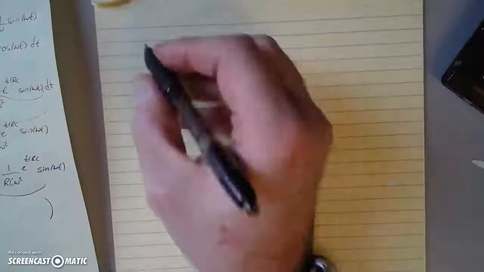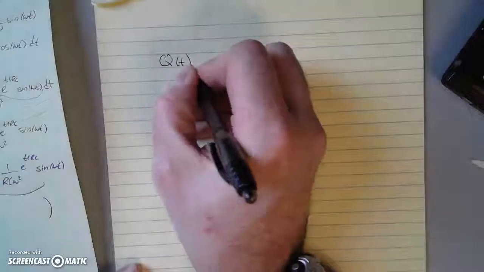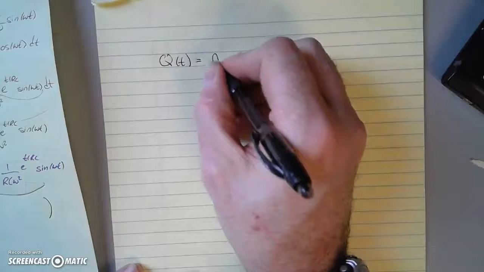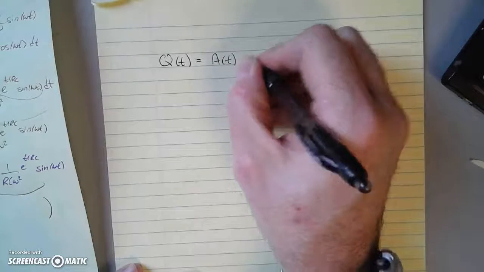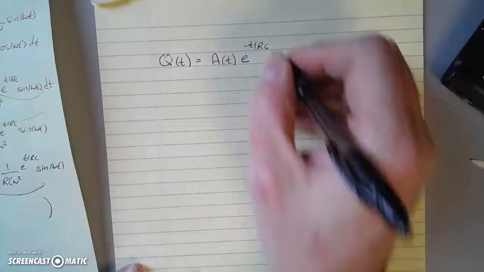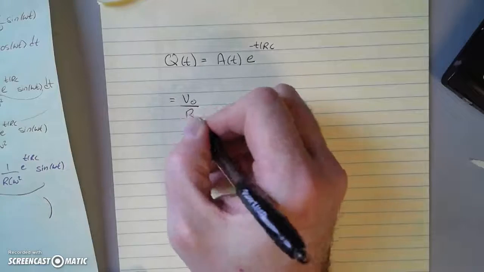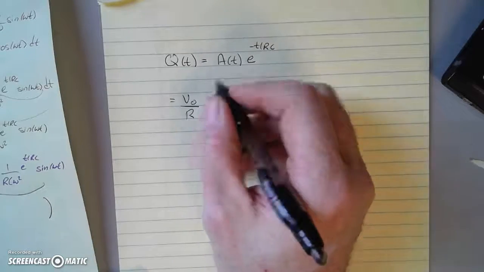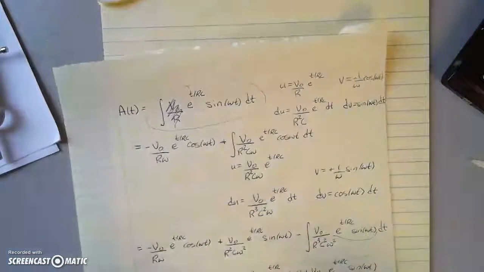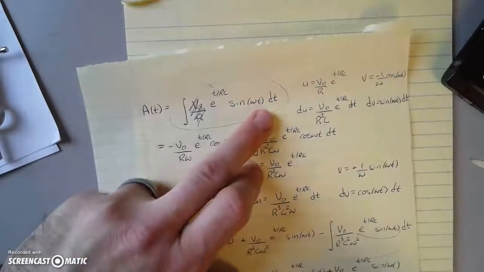So what we want is the full function for q, which is a of t times e to the minus t over rc. Well, A was equal to v naught over r times the integral.